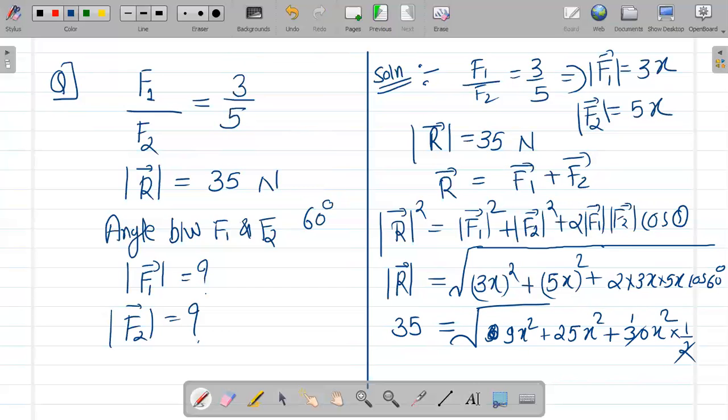So it will become 15x square. After this it will become 25 plus 15, 40, and 49. So it will become under root of 49x square, which is nothing but 7x.